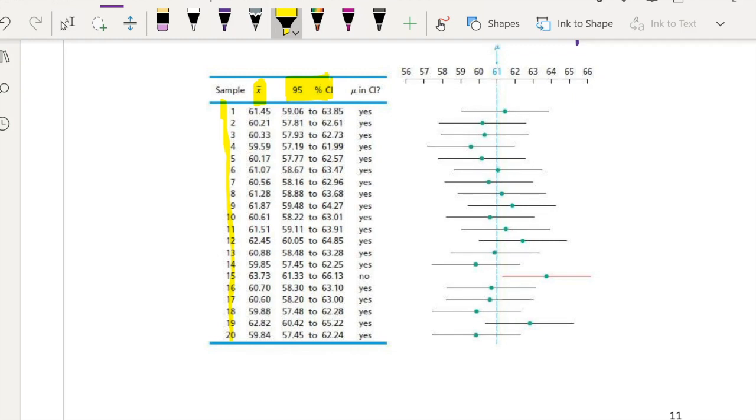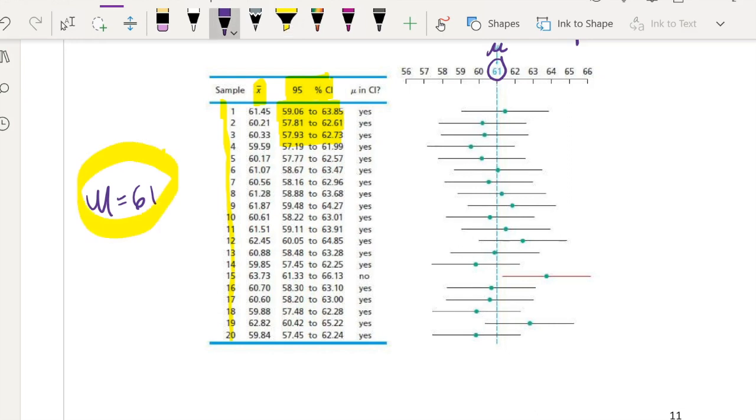If we say the population mean is 61, that's mu. This confidence interval is capturing 61. This one, same. So this one, yes. This one, yes. This one, yes. What I'm looking for is that the interval is capturing this.